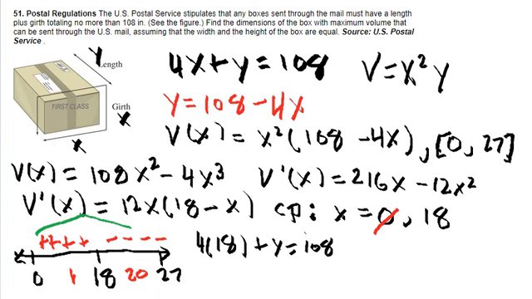We have that 4 times 18 is 72, so y is equal to 108 minus 72, which is 36.